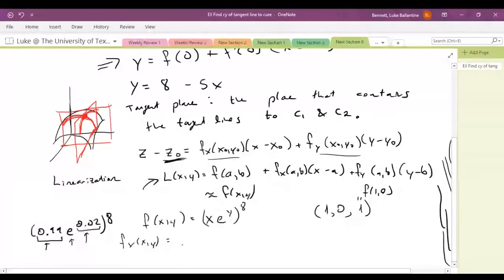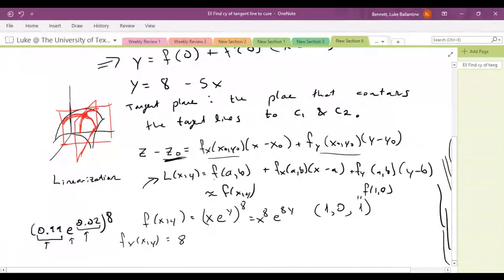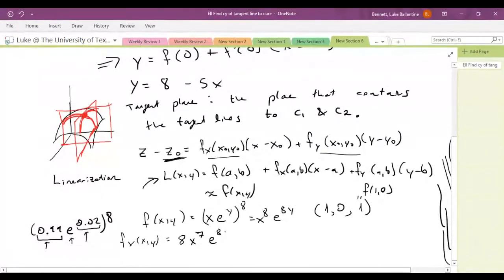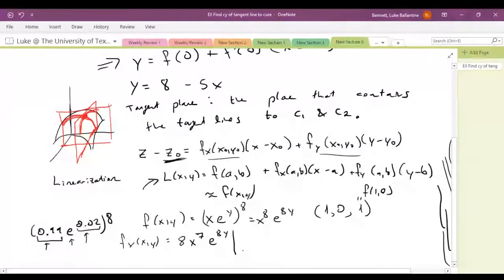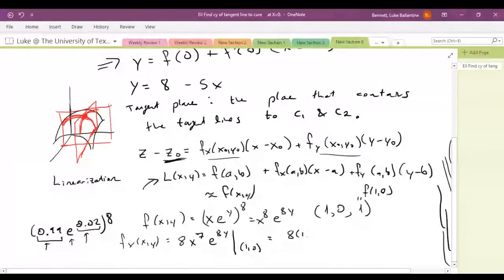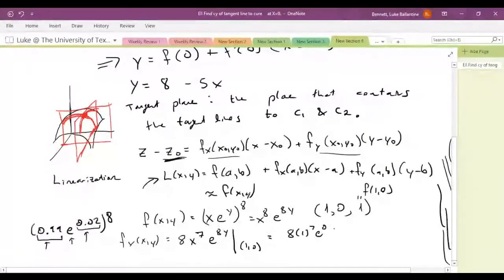This is 8 x to the 8th e to the 8y, so we have 8 x to the 7th e to the 8y. And we're evaluating this at the point 1, 0. We get 8 times 1 to the 7th times e to the 0. So this is just 8.